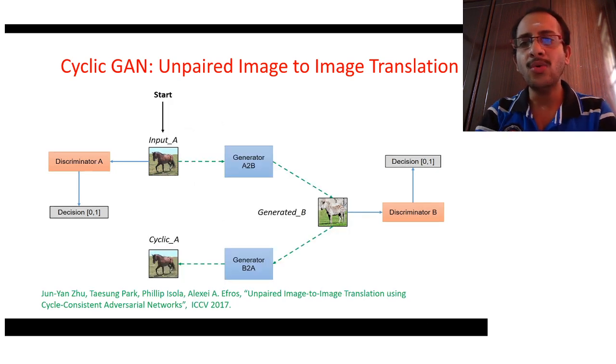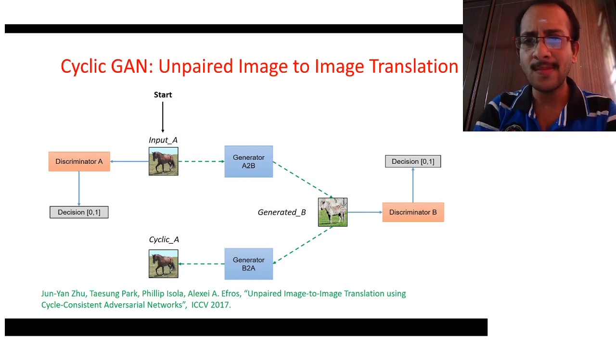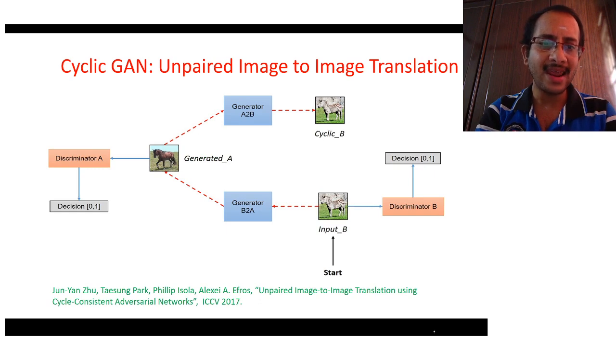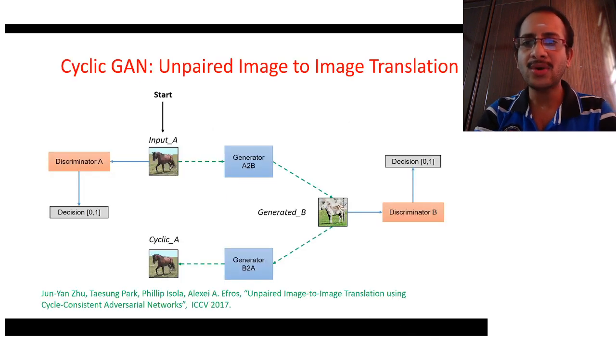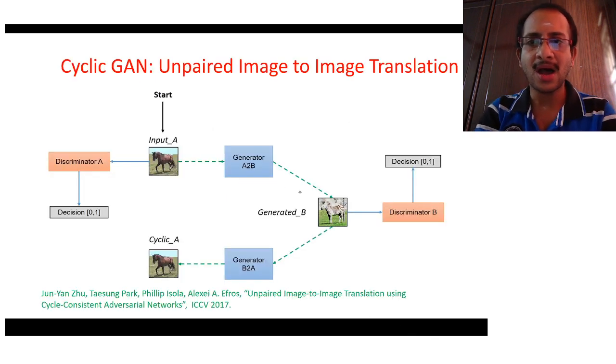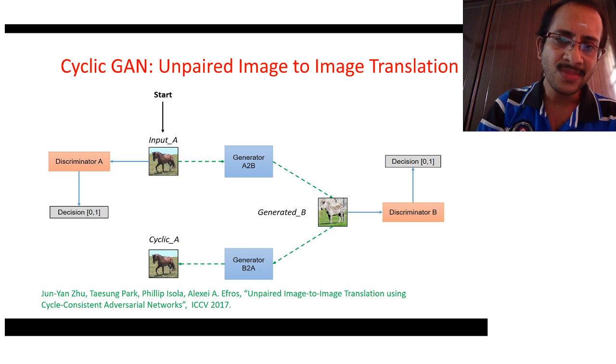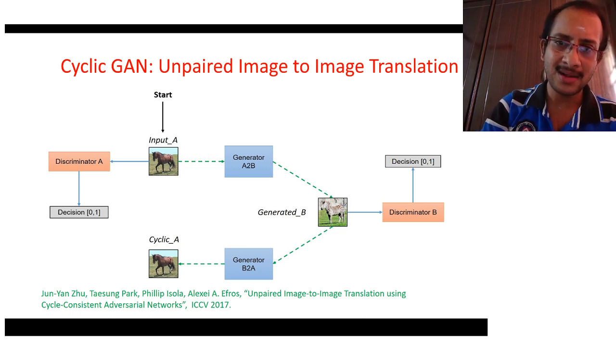And now, while learning to translate horse to zebra, this becomes the input, and this generator A to B learns to translate to zebra.